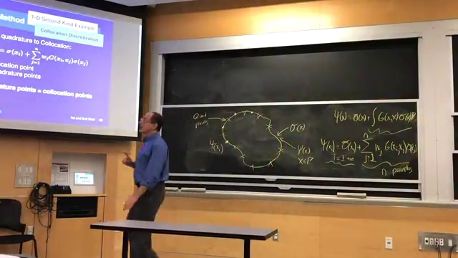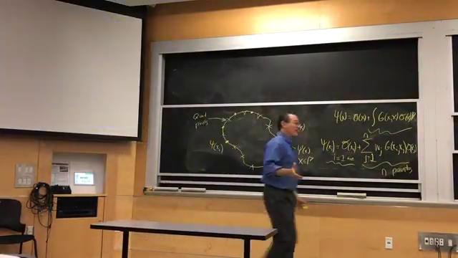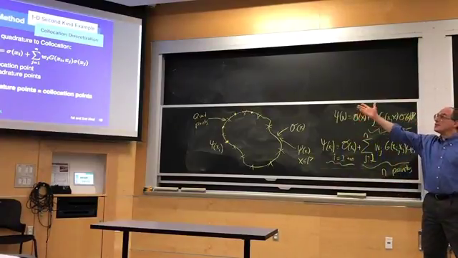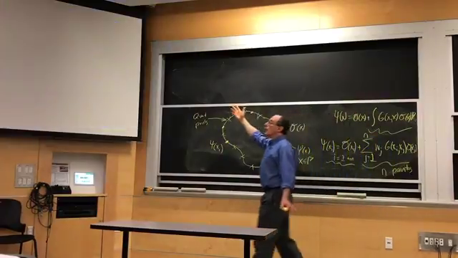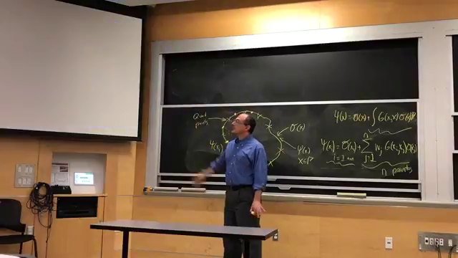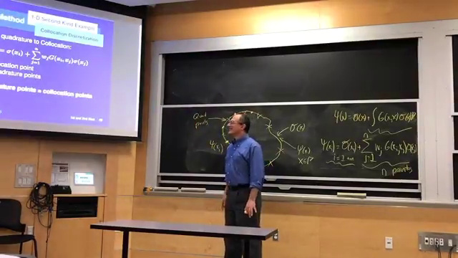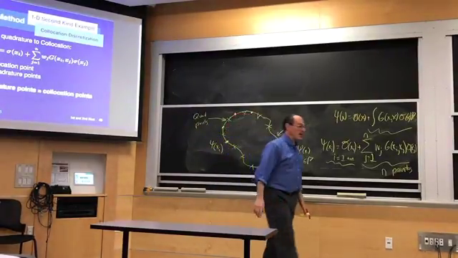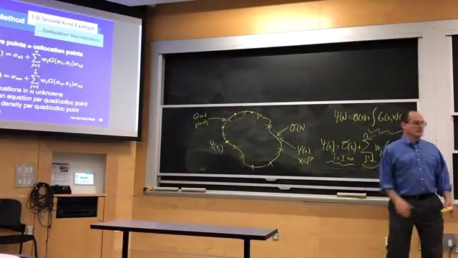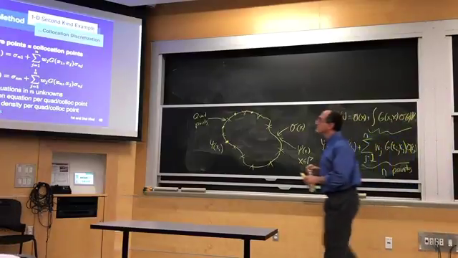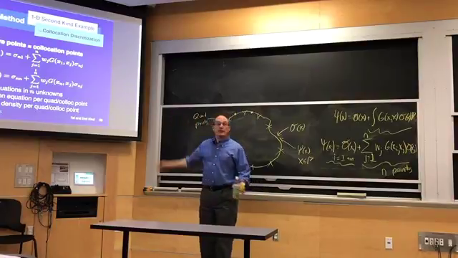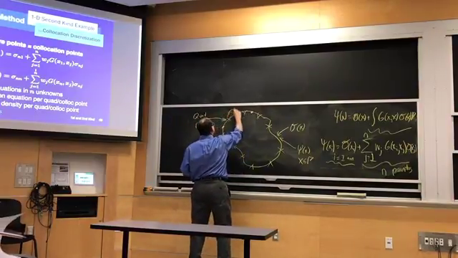If you did this somewhere in the 1800s, you get to name the method. So we've got the collocation points and the quadrature points, and they're the same. If we set them equal to each other, you get a method that's referred to as the Nystrom method. We just go ahead and make them the same.